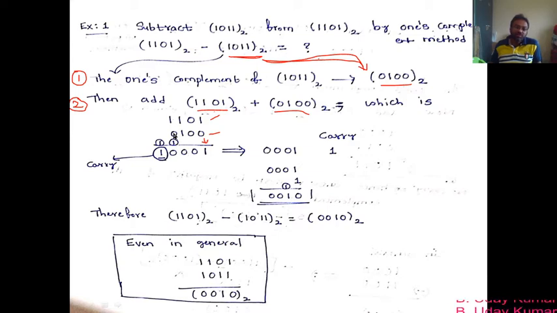And 1 plus 0 is 1, and 1 plus 1 is 10. Out of 10, 1 acts as carry and moves to the higher order column. That means I have written 1 here, and I will write 0 right below this column. So if I add 1101 and 0100, you are getting 10001.